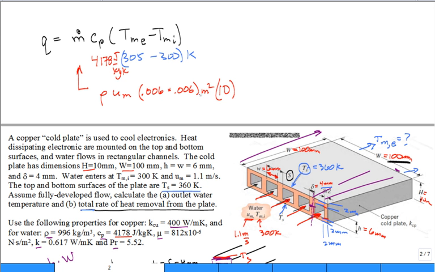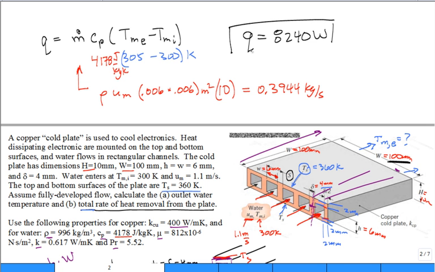So when we calculate the total mass flow rate, I calculate it to be around 0.3944 kilograms per second. And then that gives us a total Q that's around 8,240 watts.